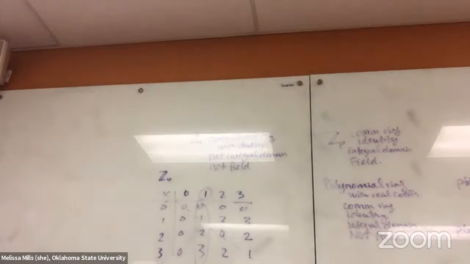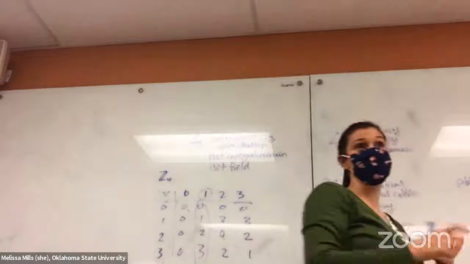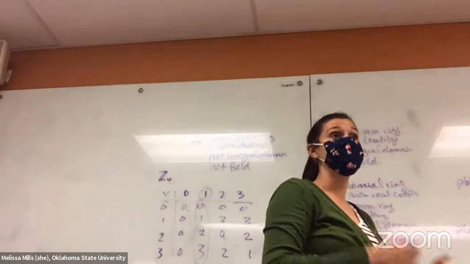It had a bunch of zeros and a couple of ones. Was it this? You could do other ones, like you could put the one in different places. But this guy ends up multiplying to give me 0, but these guys are non-zero. So you can have some non-zero things multiplying to give you 0. So it's not an integral domain.